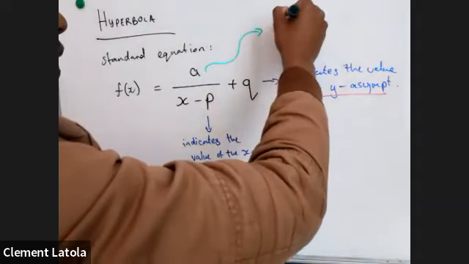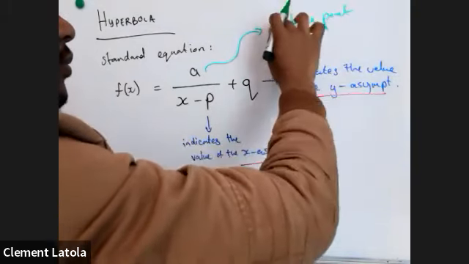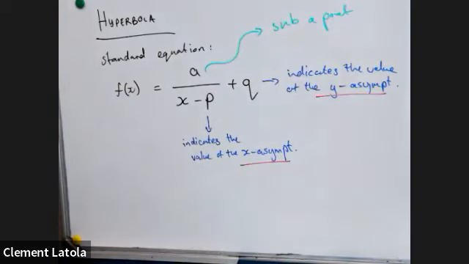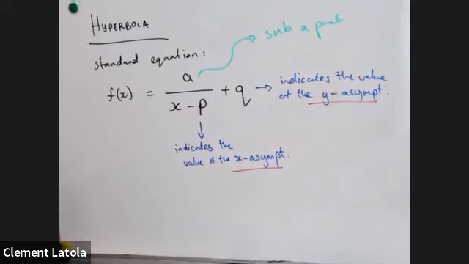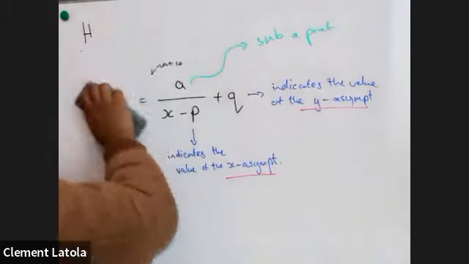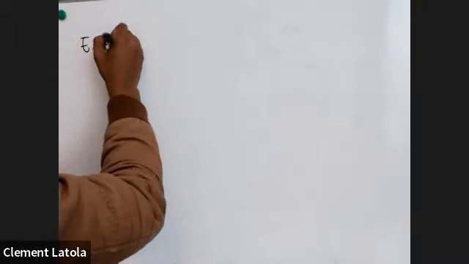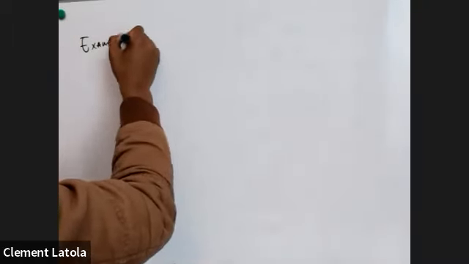We just subbed a point, and that's how we work out A. So this is the last example that I'm going to do today. I think this is example 3 now.